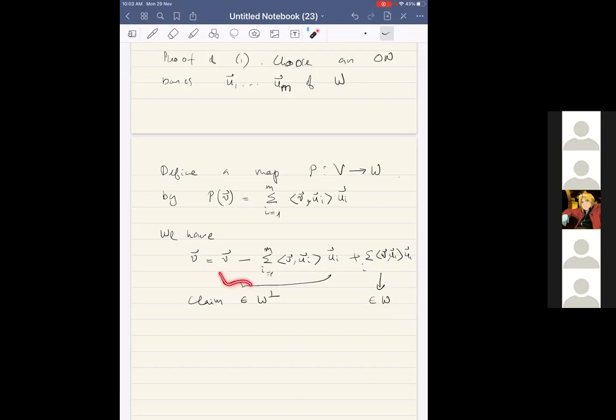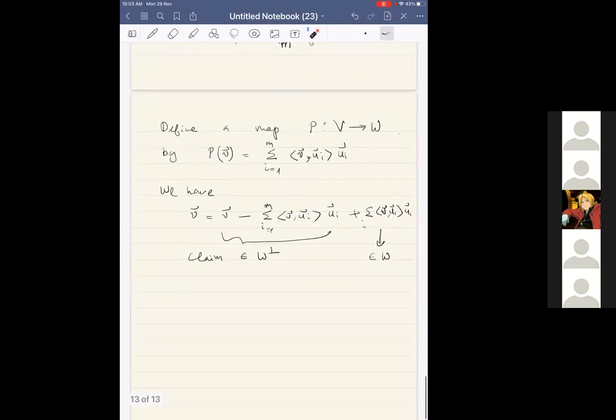In other words, you have to prove that its inner product with every vector in W is 0. But note that every vector in W is a linear combination of the ui's. So it's enough to show that this inner product with every ui is 0. Okay, that's a hint. With that hint, I'm going to take a break, have my cup of tea.